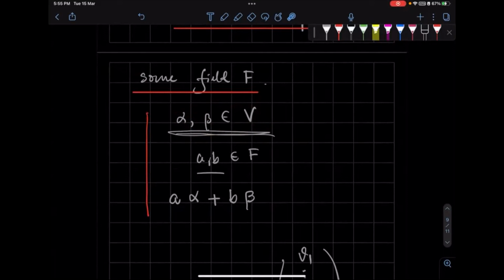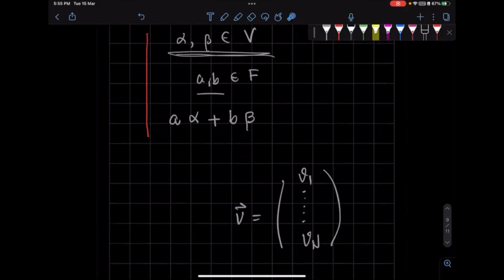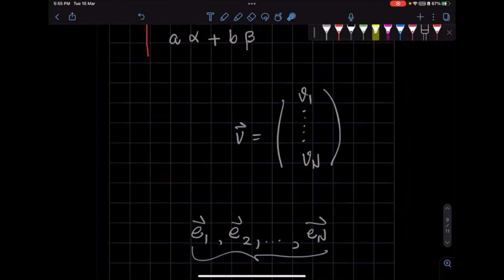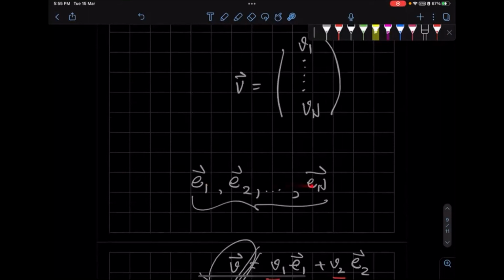Now, from those axioms and some other notion of inner product, although inner product is not necessary, you can derive the notion of a basis, and then from there, linear independence. If you introduce that notion of linear independence, then you have the notion of a basis, and from there you can derive all these things. Okay.